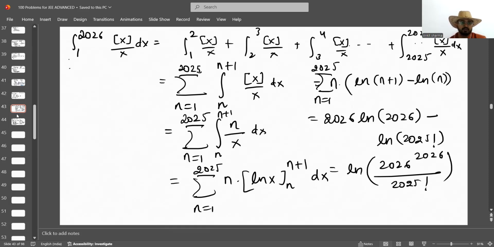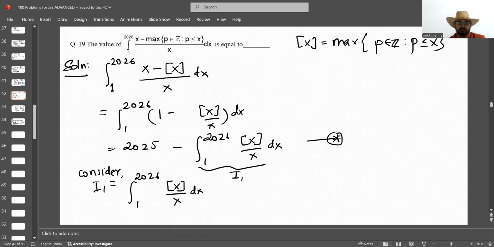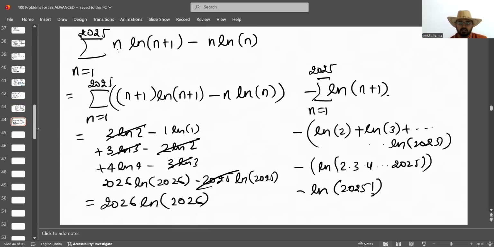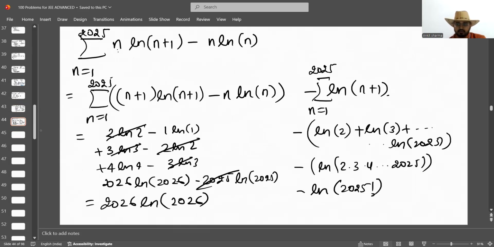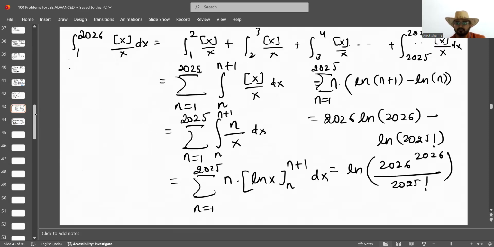Now this value I'll just keep it here. So the final answer would be given by this thing is equal to this 2025 I'll write down, and then this entire thing we have found to be minus of... where is it? No, not on this page. Right. Oh, here.